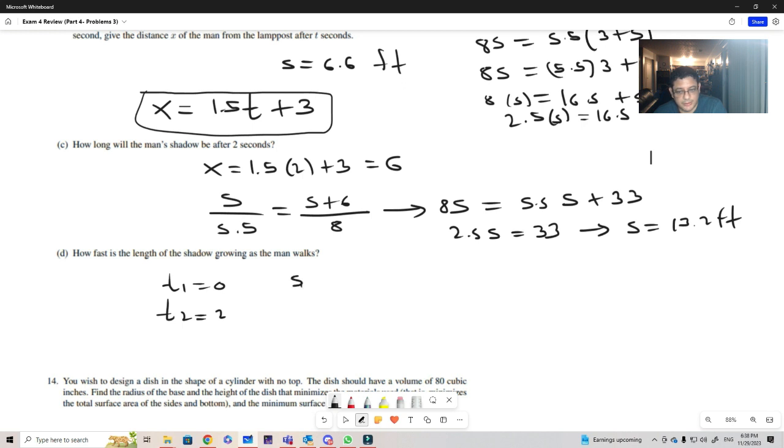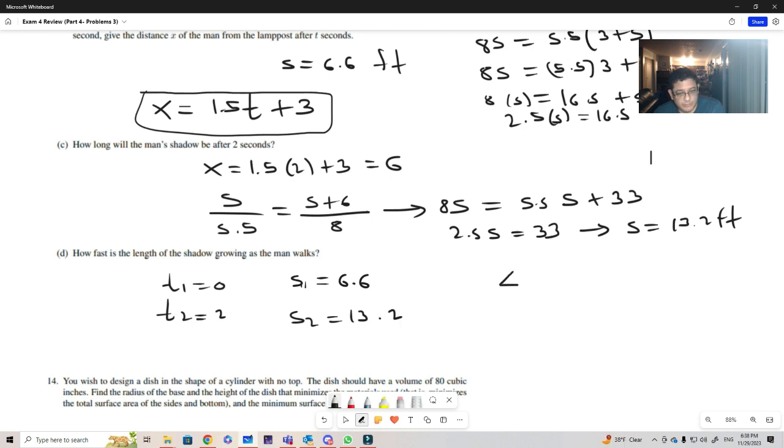So s1, or the shadow at t equals 0, was 6.6, right? And s2 was 13.2. Remember, we're using this value that we got at 0 seconds, or the initial time. And then we're using this 13.2, that is after 2 seconds.